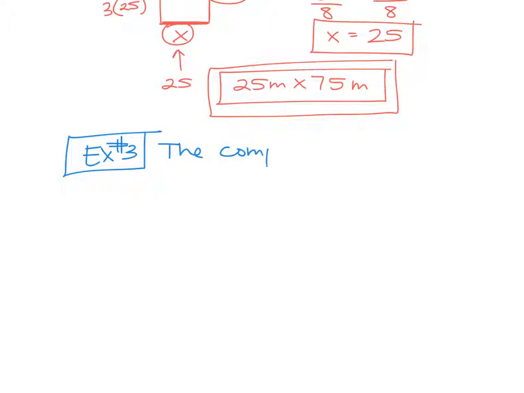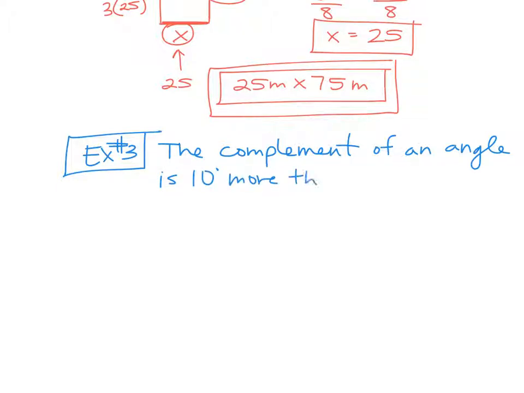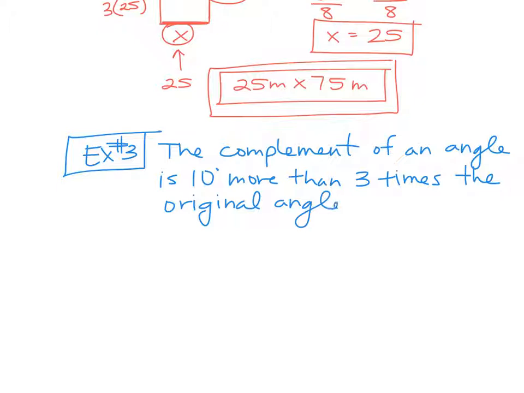The complement of an angle is 10 degrees more than 3 times the original angle. Find the angle measures.